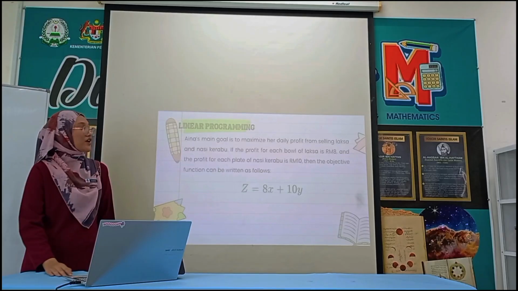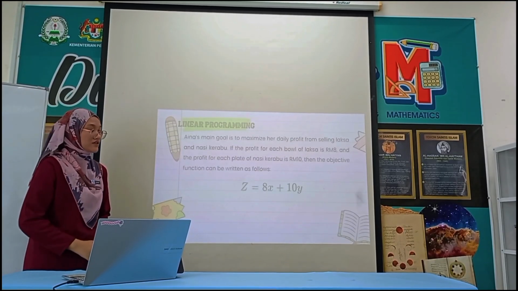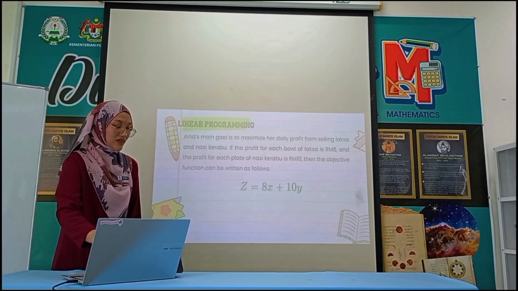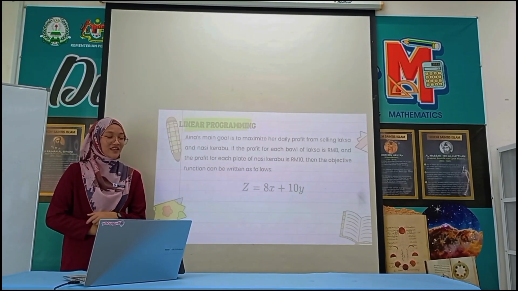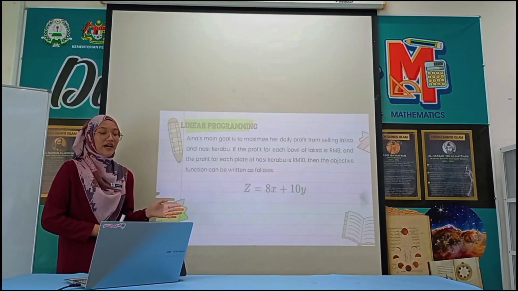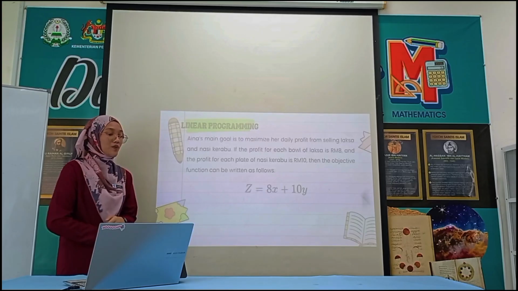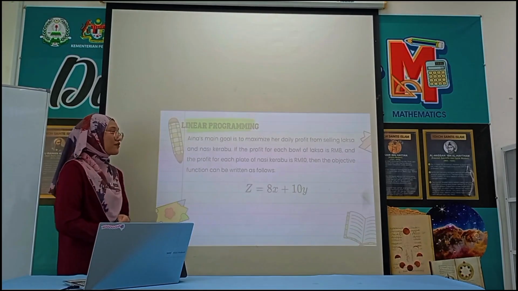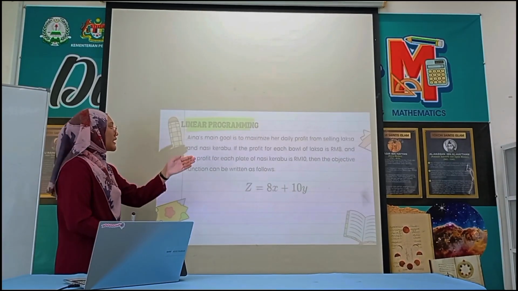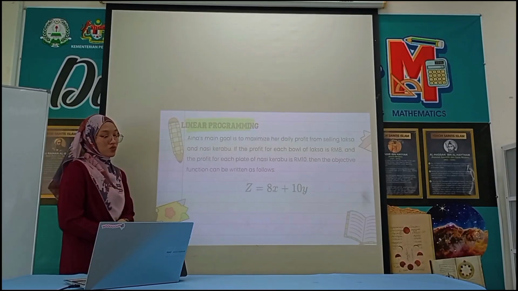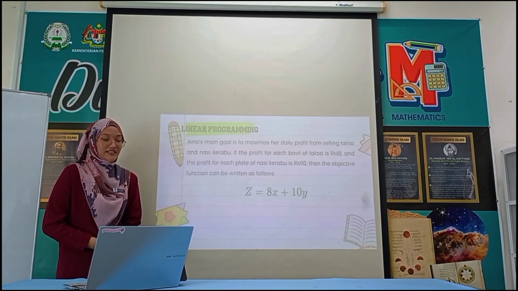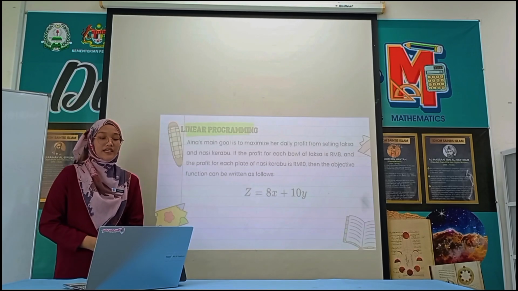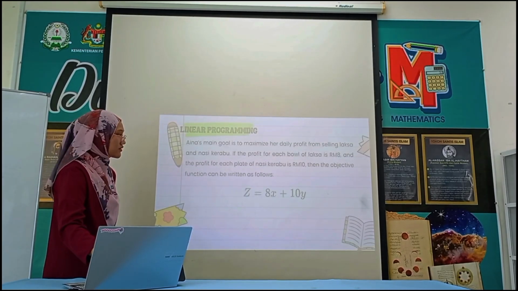Next, for linear programming. As everyone knows, Aina's main objective is to maximize her daily profit from selling laksa and nasi kerabu. This can be expressed as the objective function.